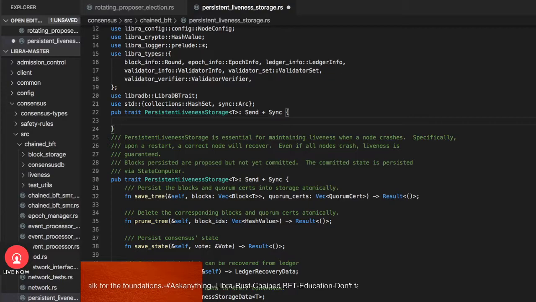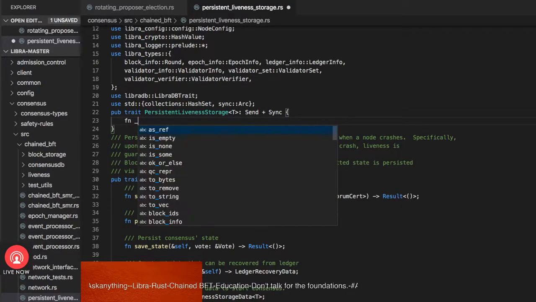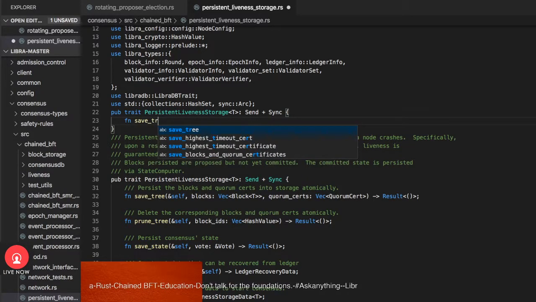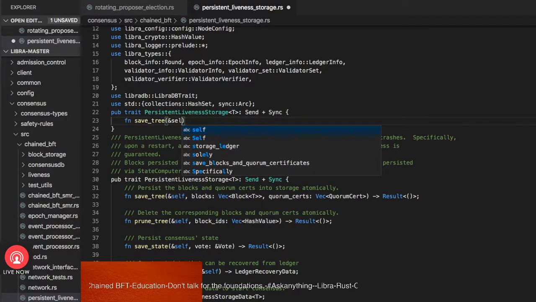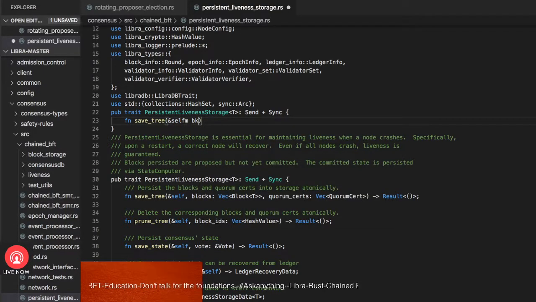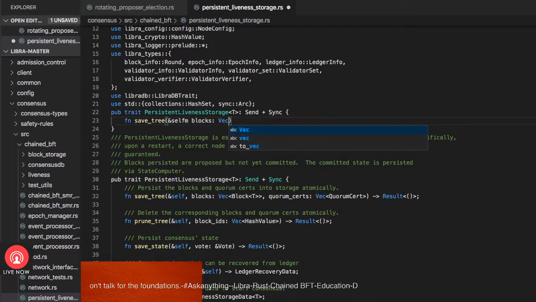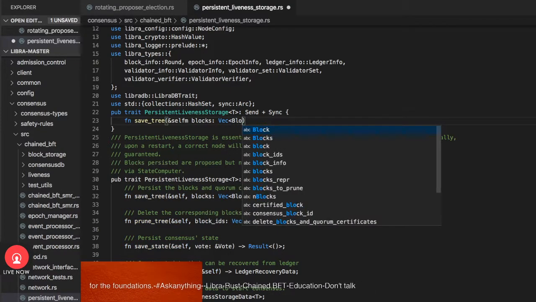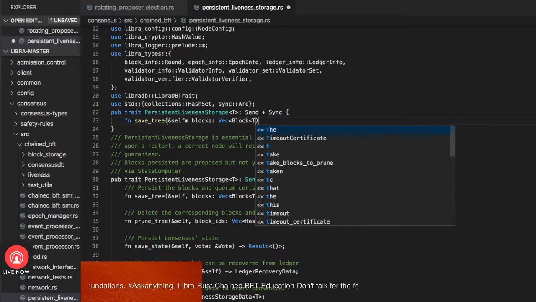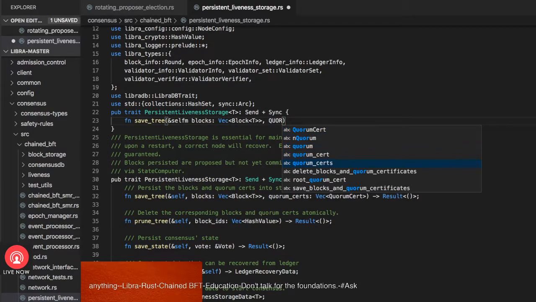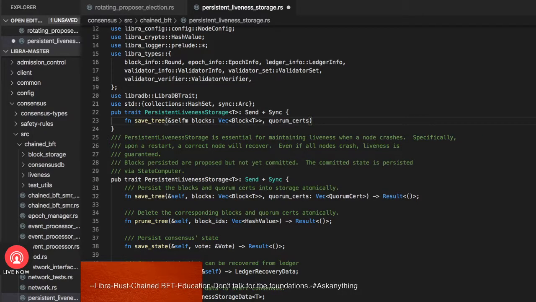We saw in another video, so let's summarize this because it's very important for understanding the protocol specification of liveness. So you have a save tree, and this key inserts needs to be a vector.